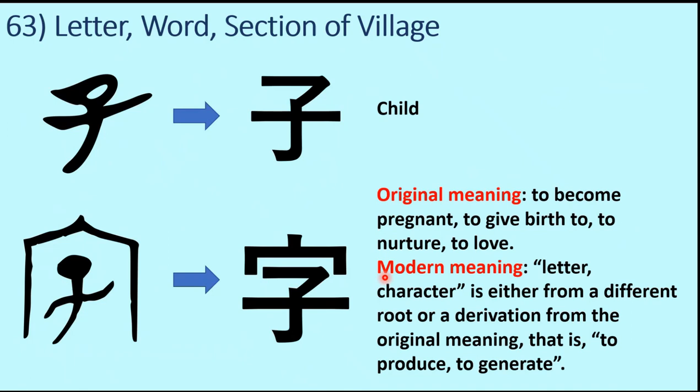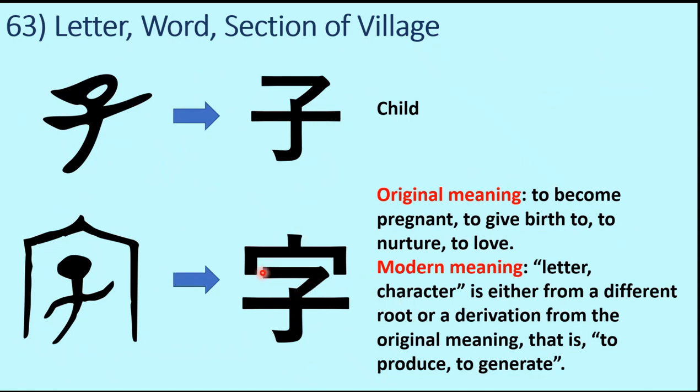And the modern meaning, letter or word or character, is either from a different root or a derivation from the original meaning. That is, it has followed a completely different track to arrive at the meaning of letter or word, or it has come from the original meaning, that is to produce or to generate.